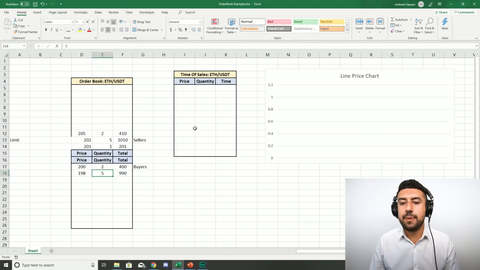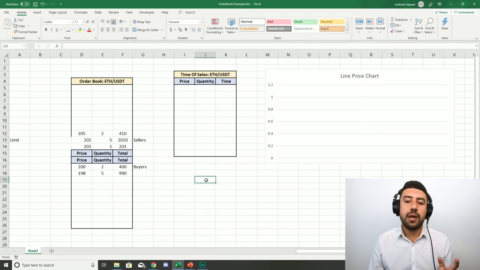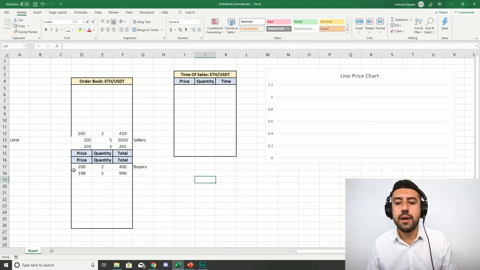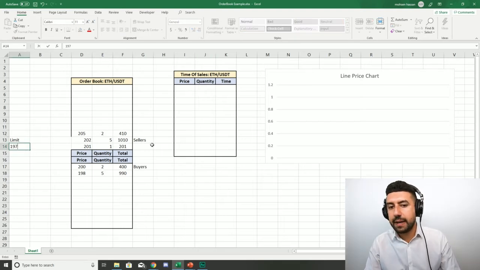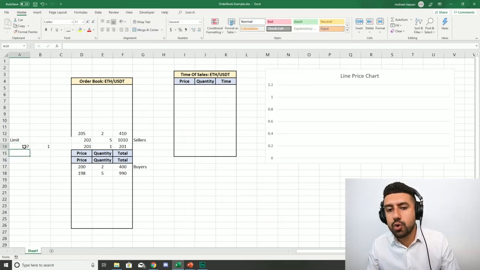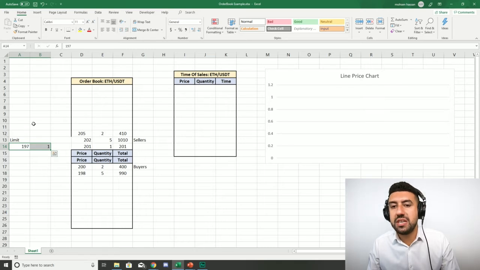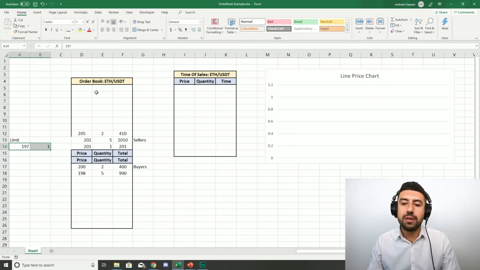Now, no trades happened yet. When is a trade going to happen? Let's say somebody wants to sell an Ethereum for, I don't know, 197, and he wants to sell one. Well, this order is a sell order, is going to go to the exchange. Before they place the order on the sell side, they're going to check if they can match it with a buyer.